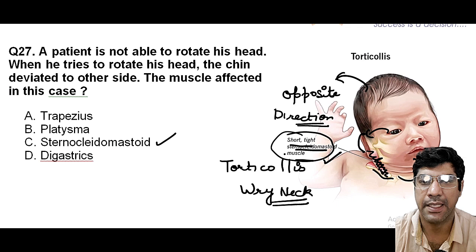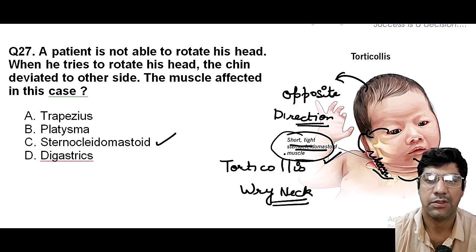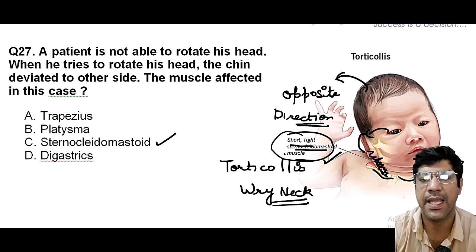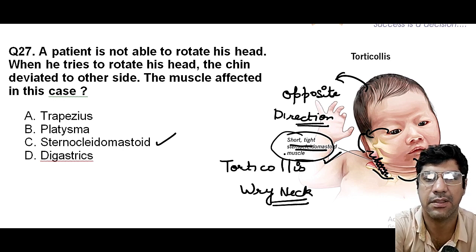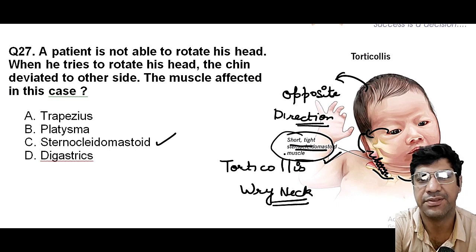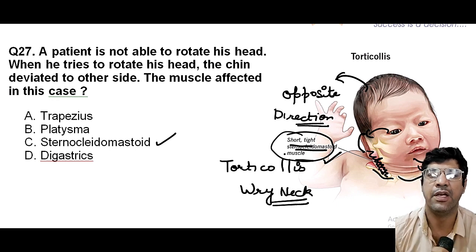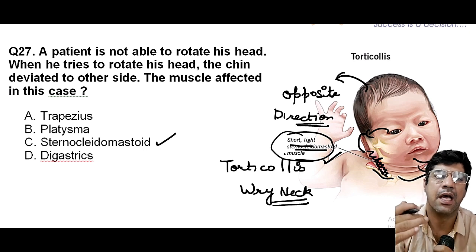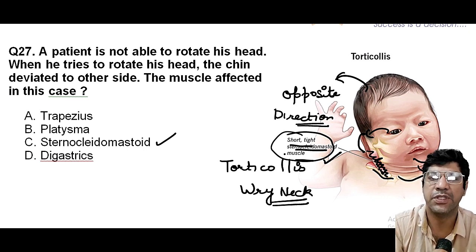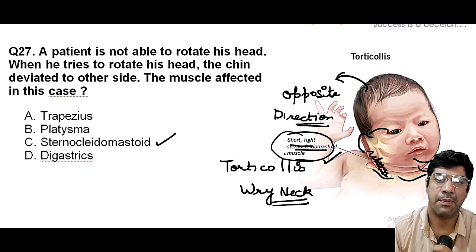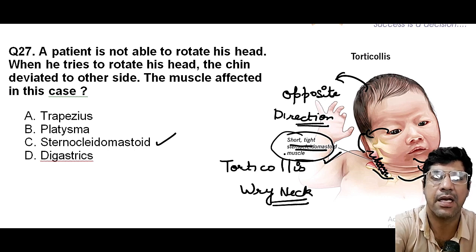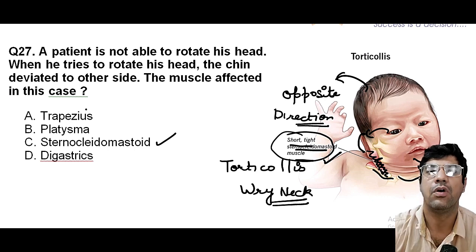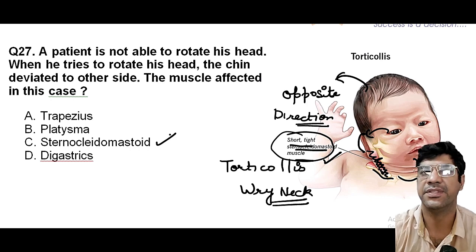That makes it difficult for a person to hold their head in a normal straight position, and can lead to discomfort, pain, and limited mobility of the neck. So when the sternocleidomastoid muscle does not function properly due to a condition like torticollis, that can result in abnormal head position, affecting the person's ability to move their head and neck comfortably. So the answer is the sternocleidomastoid muscle here.